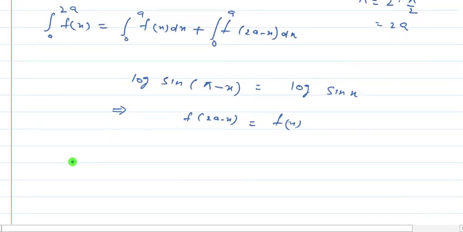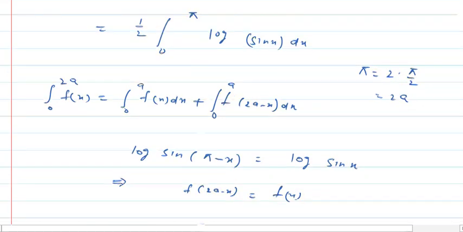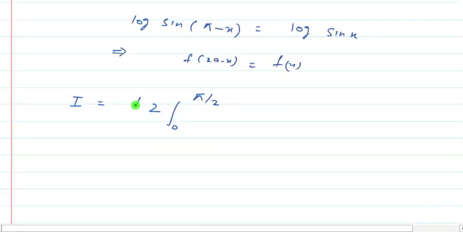So therefore we are getting I1 is equal to twice of, limit is from 0 to a, means pi by 2, and we are getting twice of it. From here 1 upon 2 is already here. So let me write this 1 upon 2 into twice of 0 to a f(x) dx, and f(x) dx is log sin x dx. To get cancelled, this is I1.